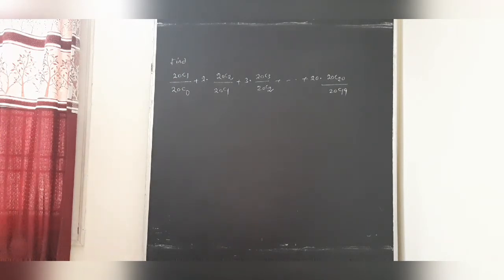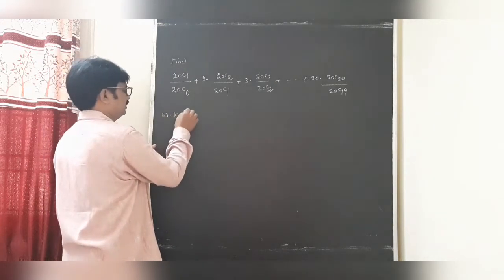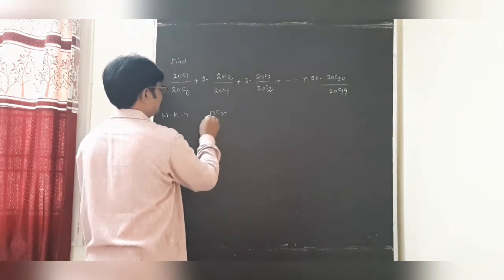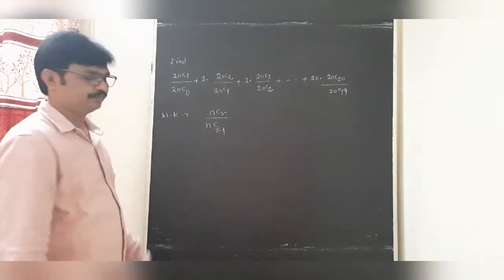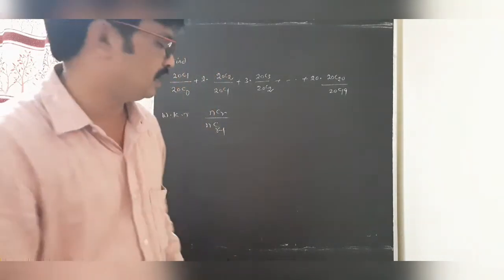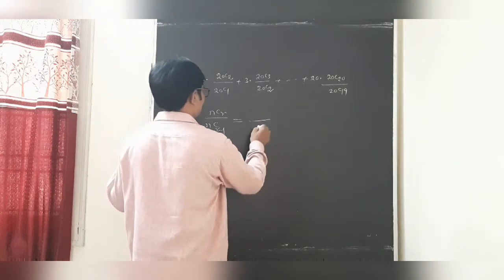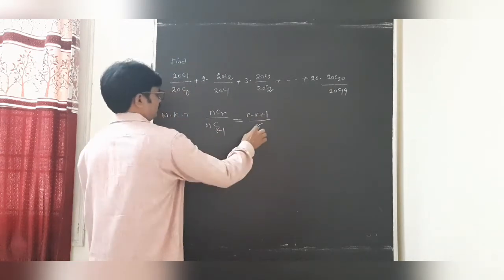So my dear students, everybody knows the NCR upon NCR minus 1. What is NCR upon NCR minus 1, students? This is n minus r plus 1 upon r.